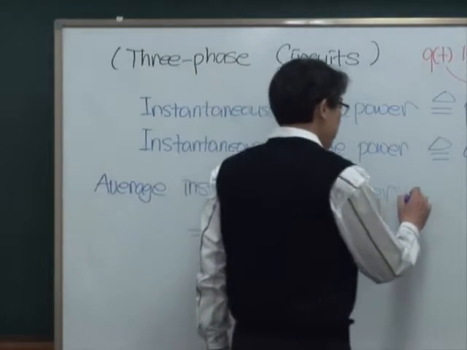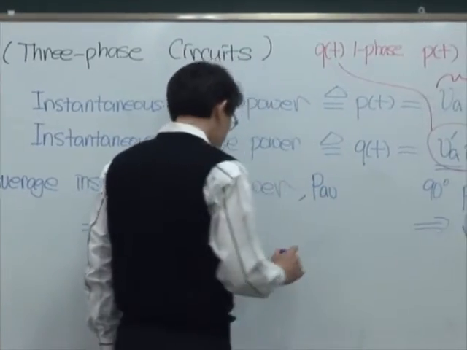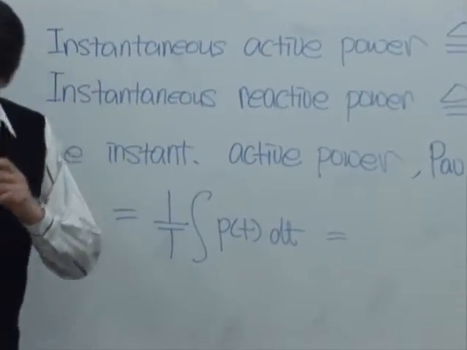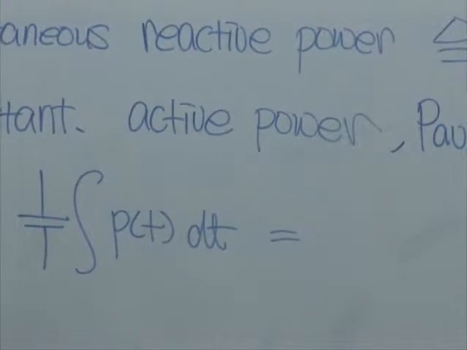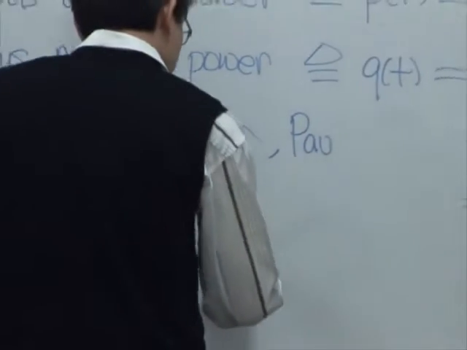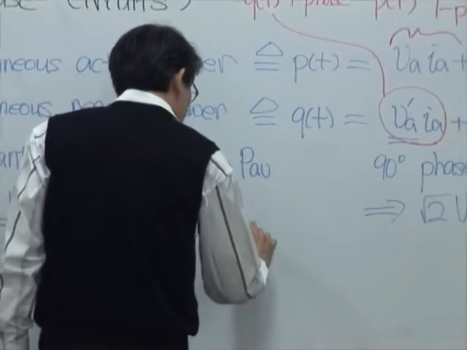This is PAV. And under this particular case, what we have obtained is 3VI cosine phi.